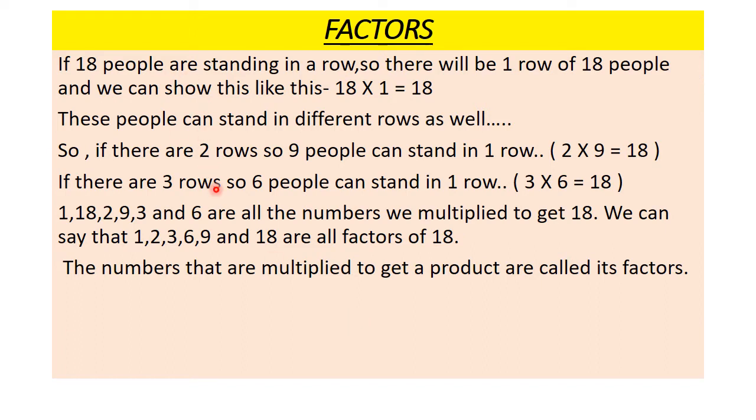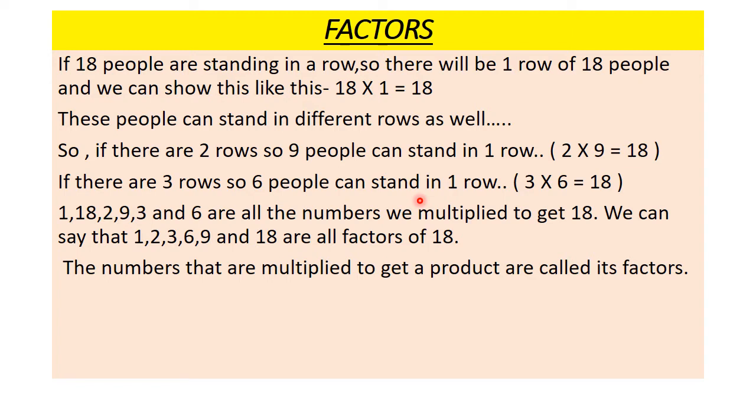Further they will have to do some more division. So all the 18 people, if they have to stand in three different rows, we divide 18 by 3, that means only 6 people can stand in one particular row, because now we have three rows, that means three groups. So in each row there will be 6 people, and the total number of people will be 18, right?